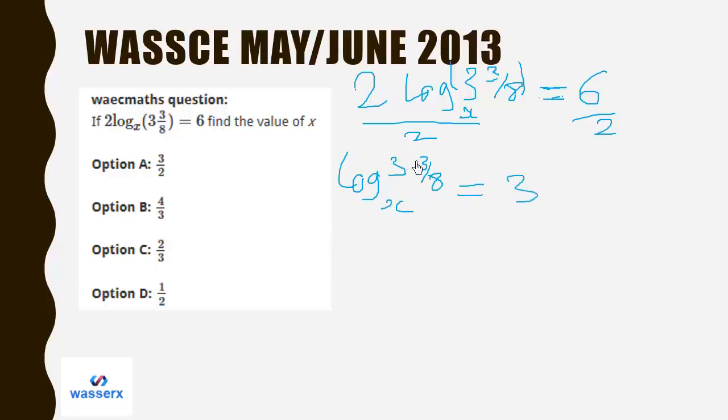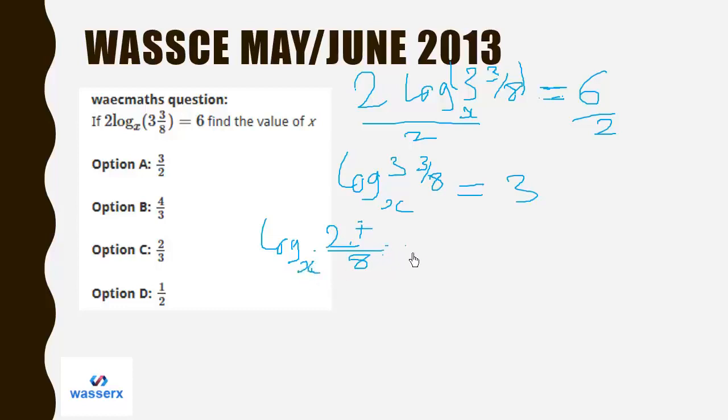Now we can write this as an improper fraction to obtain log of 3 times 8, which gives us 24, plus 3, that will give us 27, so log of 27 over 8 to base x.